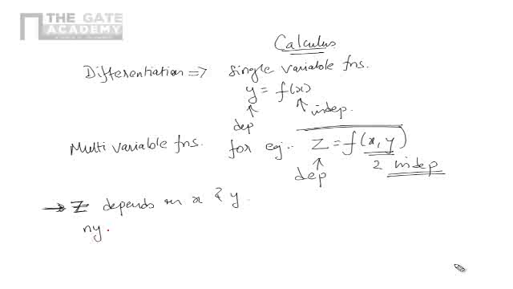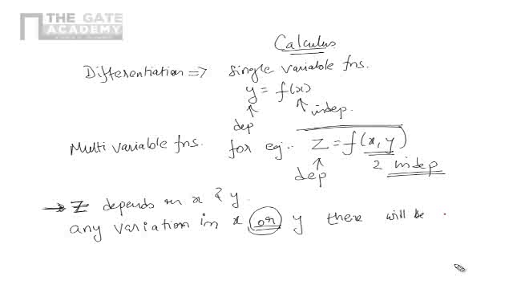Any variation in x or y. I am very carefully using the words here. It is or. Any variation in x or y. That means x changes or y changes. There will be change in z.